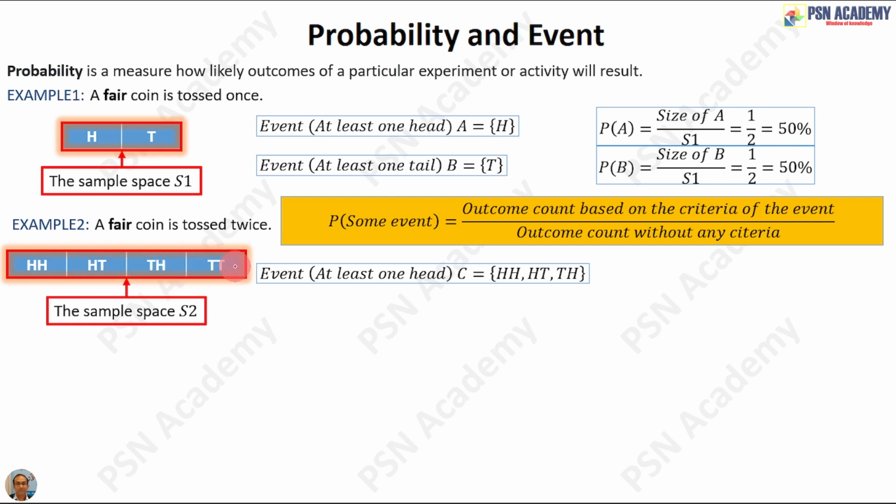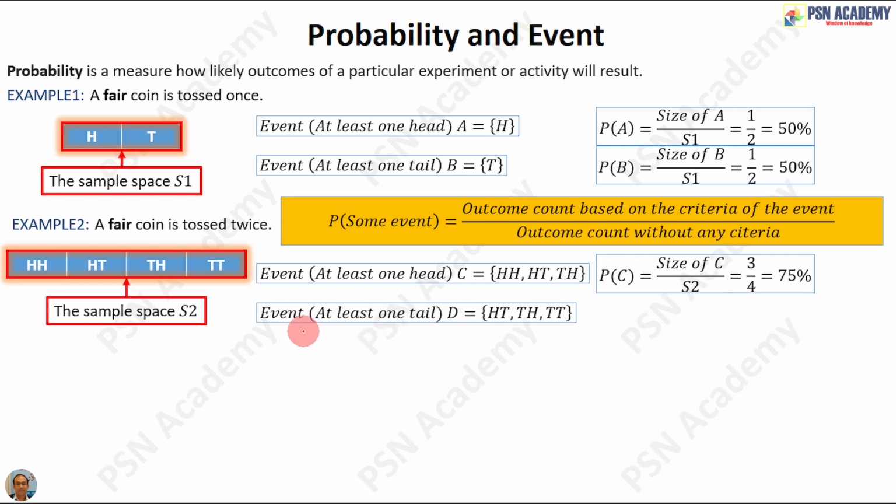But this last one does not have a single head. So we omit the last one and we include these 3. Now the probability that C will occur goes like this: size of C by the total sample set, that is S2. The size of C is 3 here and the size of the sample space is 4. So it goes 3 by 4, that is 75%. Thus the probability that C will occur is 75%.